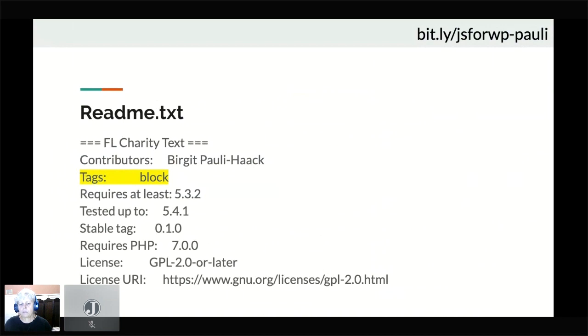And also the PHP version that you put in there is required for your block plugin. There's also something highlighted that says tags. If you put in block, then it will be automatically added to the block directory. It might not show up in the block editor yet on the sites, because there are a few more requirements. We talk about it a little later.